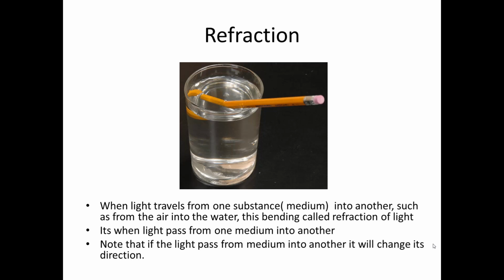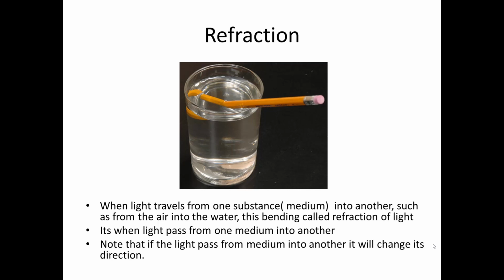When the light changes direction as it passes from one medium into another, this phenomenon is called refraction, not reflection, refraction. Note that if light passes from one medium into another, it will change its direction. Is it clear?